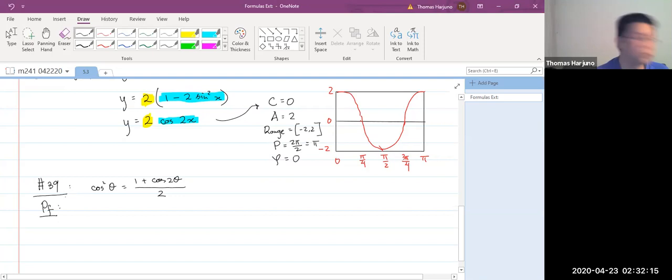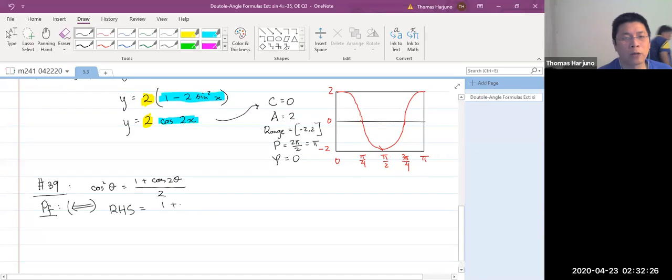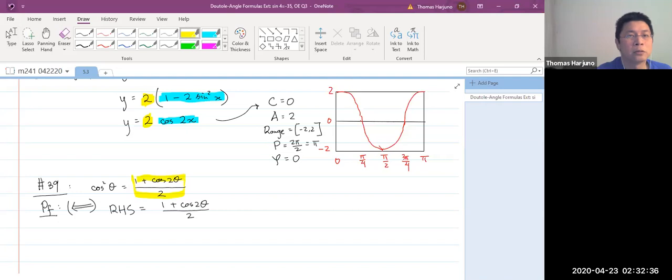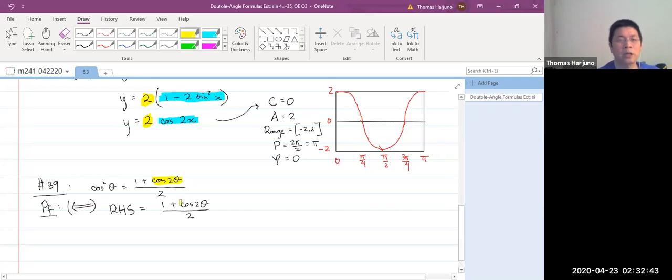We need to prove this. To prove it, we go from right to left. You may wonder, Thomas, why we go from right to left and not from left to right. The reason is we have the formula for this. I will expand that part later on.